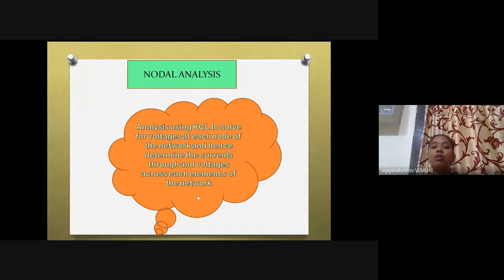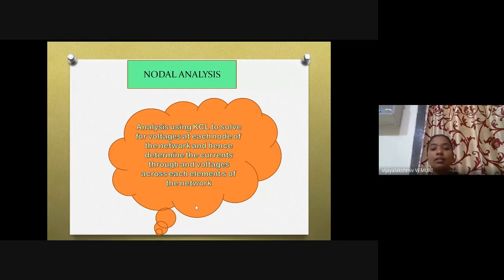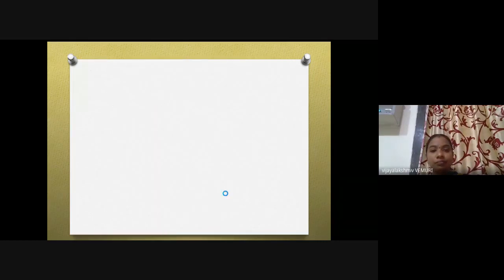That is called nodal analysis: application of KCL at each and every node, finding out the node voltages, and after finding the node voltages, finding the currents flowing through the branches.